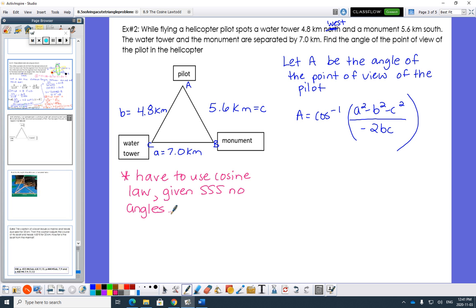Okay, so you're given side, side, side, no angles, so you're not going to have a filled ratio for sine law.